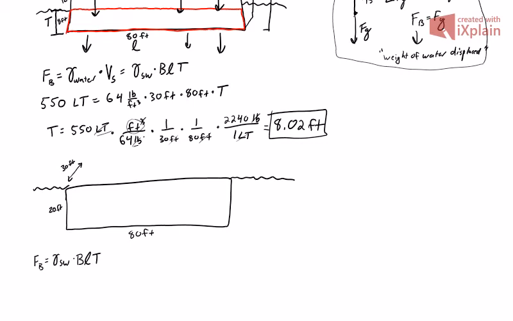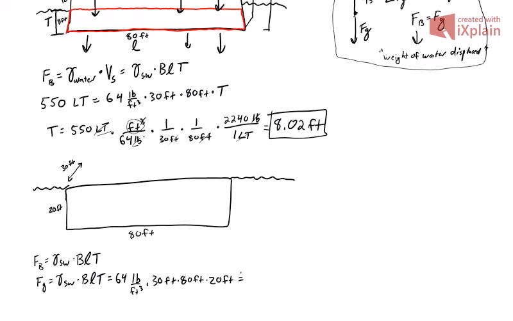And from our statics, we know that the force of buoyancy is equal to the weight of the ship. So this is also equal to the force of gravity, which is the specific weight of salt water times beam, length, draft. So we can plug in 64 pounds per foot cubed times 30 feet times 80 feet times 20 feet, because again, the barge is completely underwater.